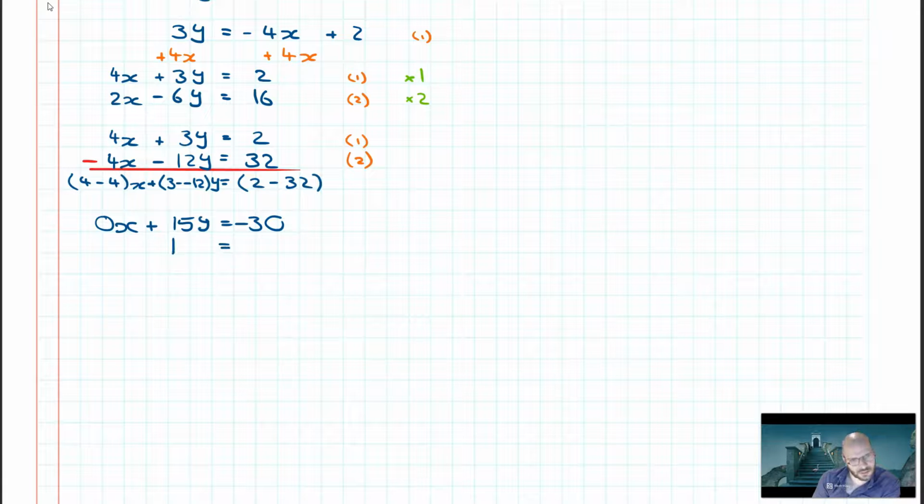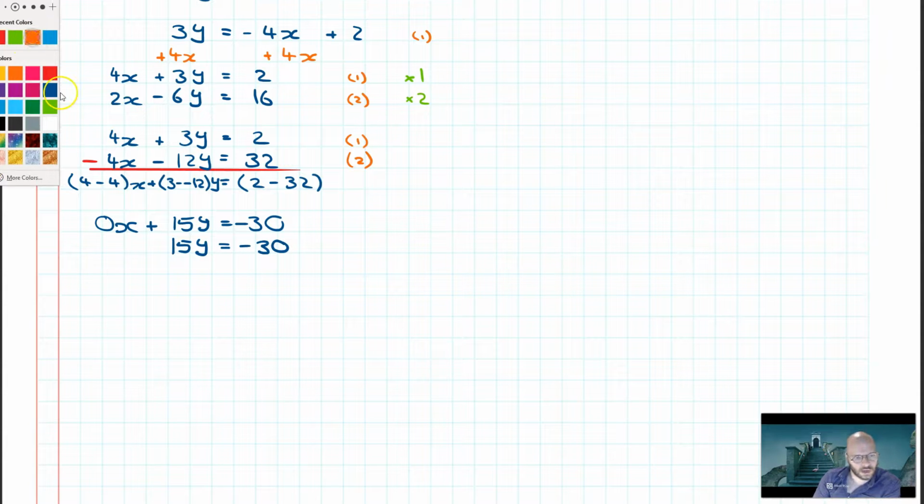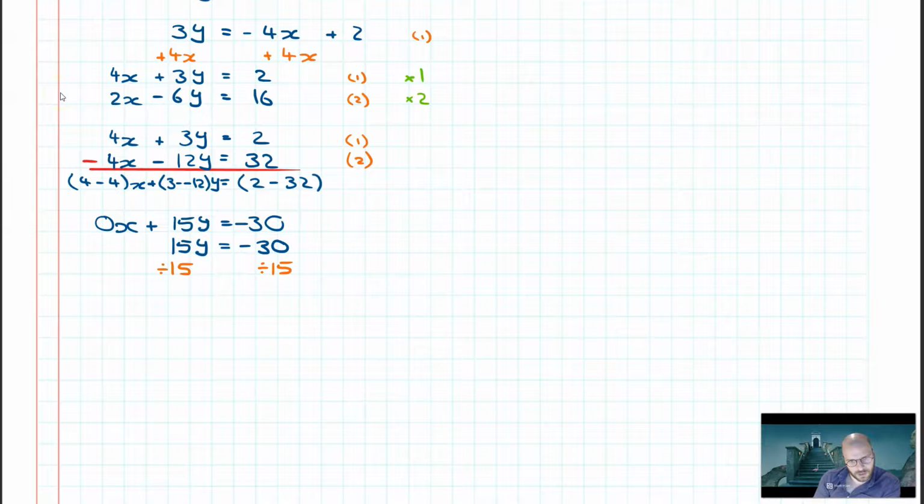This simplifies down to 15y is equal to negative 30. Then solving for y, I divide both sides by 15. This in turn yields a value of y of negative 2.